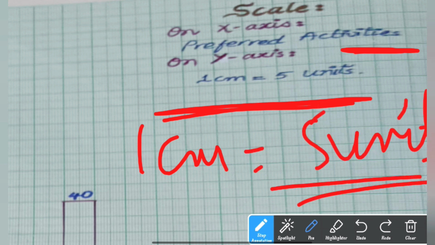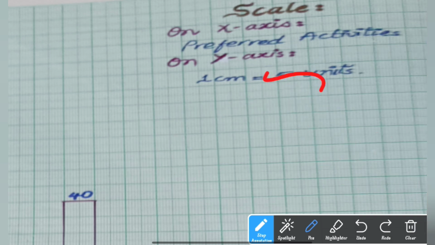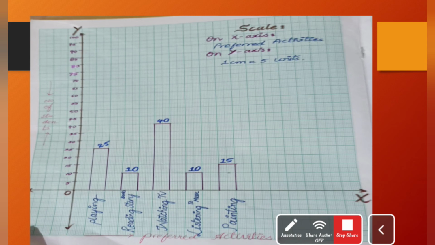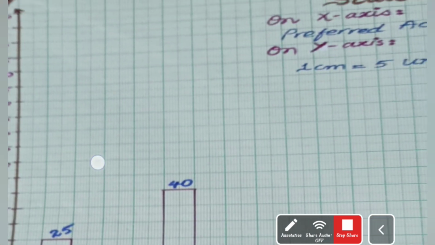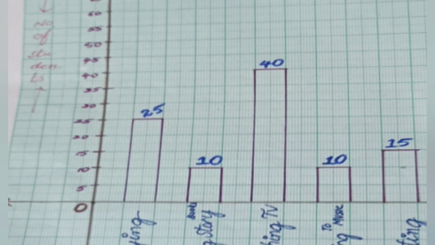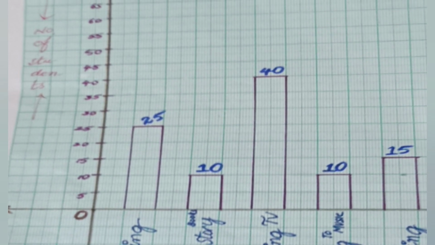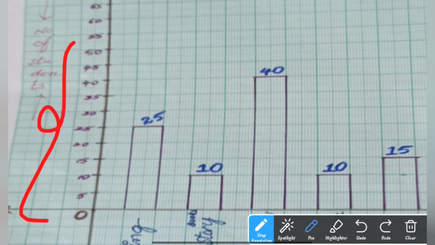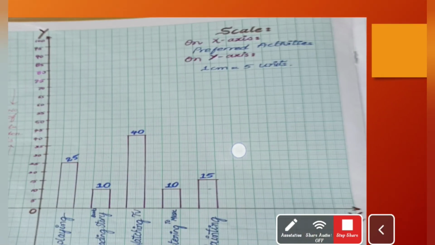In between each two successive numbers, what is the difference there? 5. 10 minus 5, 5. 15 minus 10, 5. 20 minus 15, 5. So like that you have to write the scale on the x-axis as well as the y-axis. So thereby it is the completion of one bar graph.